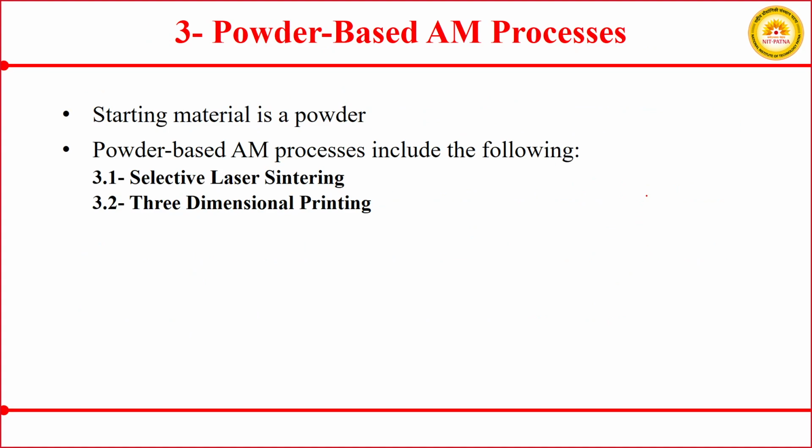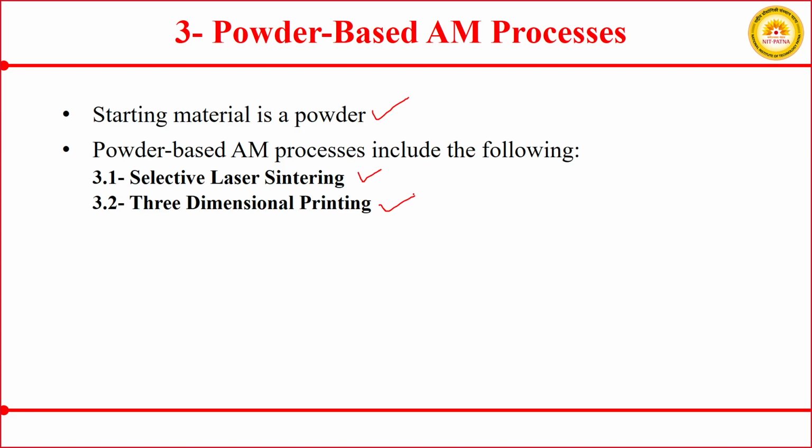Then we have the third category, that is powder based additive manufacturing processes. As the name indicates, your starting material is in the form of powder. In powder based additive manufacturing processes, two kinds of processes have been developed. The first one is selective laser sintering, and the second one is three-dimensional printing, also known as 3D printing.